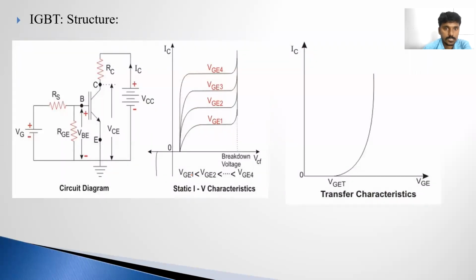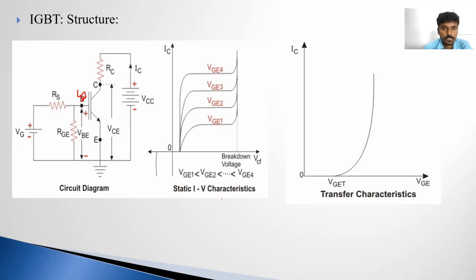Next, the IGBT structure. Already everybody knows the IGBT structure. It has gate, emitter, collector; base is the wrong answer. This is the gate. Clear?